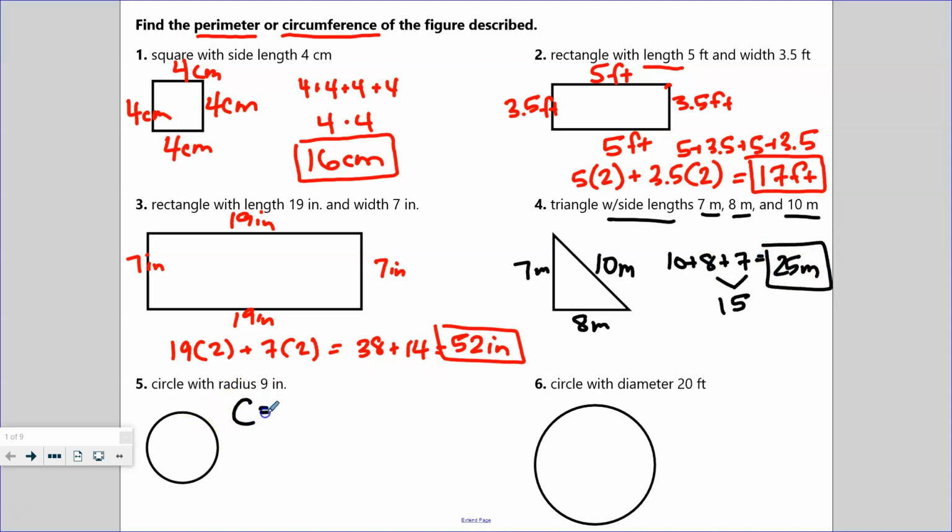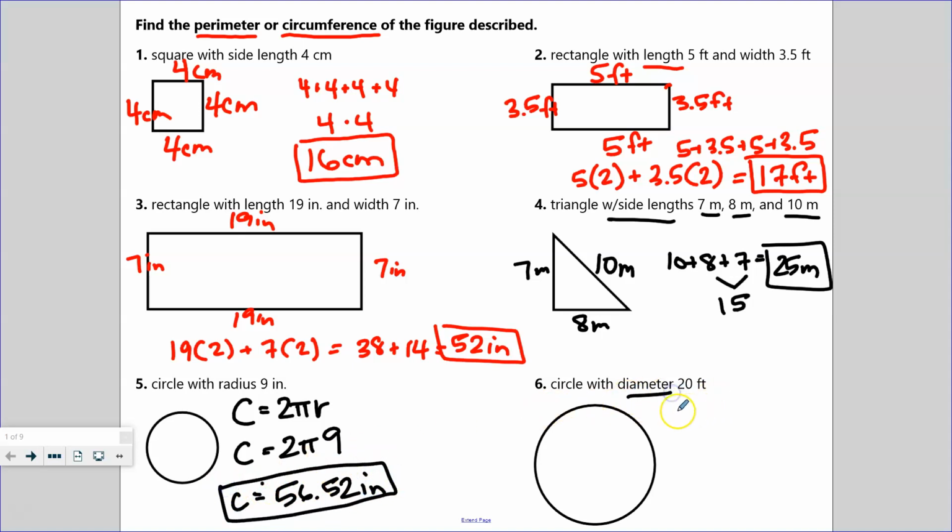We're going to use our circumference formula. It gives us a radius, so we'll use 2 pi r. Circumference equals 2 times 9, right? So 2 times pi times 9, 18 times 3.14, and we get circumference equals 56.52 inches.